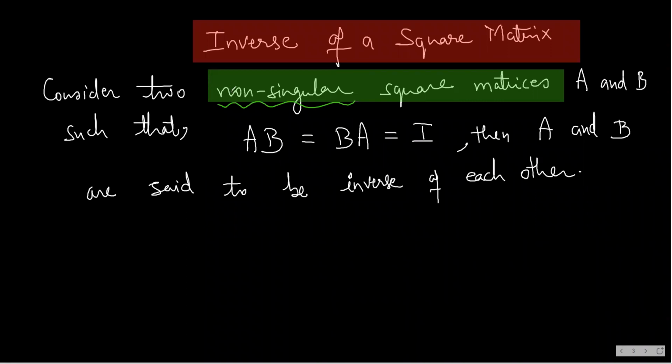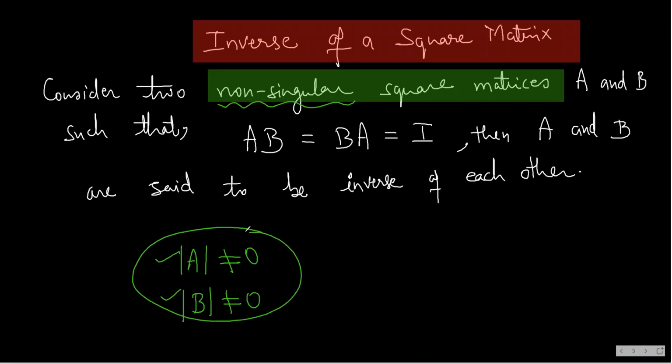So here it says two non-singular square matrices A and B. Remember students, both A and B are non-singular. That is, the determinant of A should not be 0, and the determinant of B is also not 0. This is a very important condition.